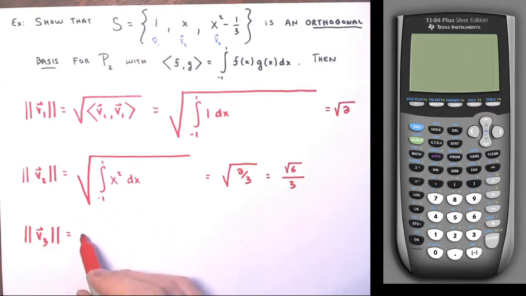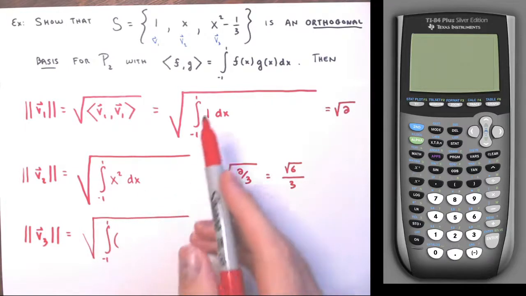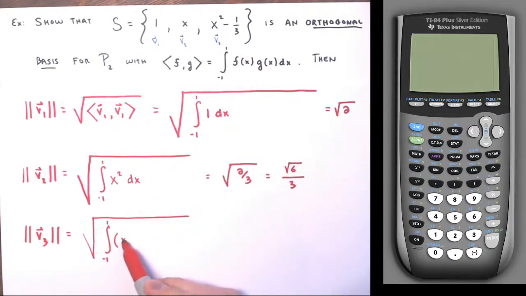That's the square root of the inner product of V3 with itself, which will be the integral from -1 to 1 of x squared minus a third, squared.